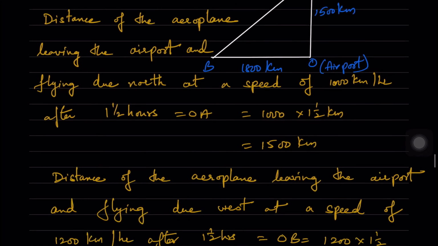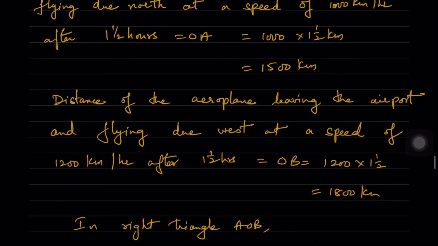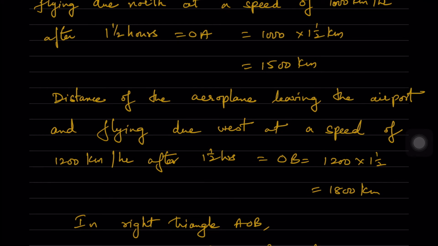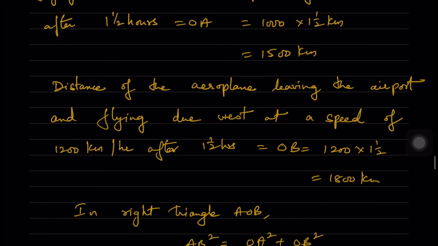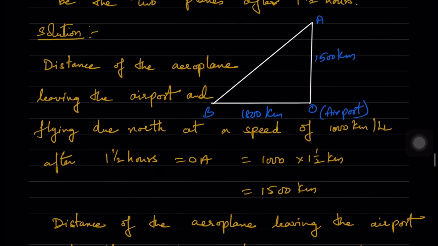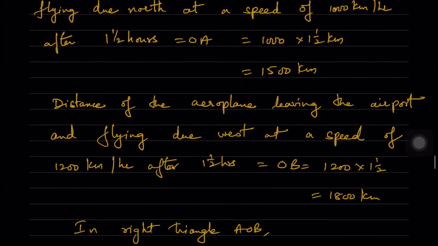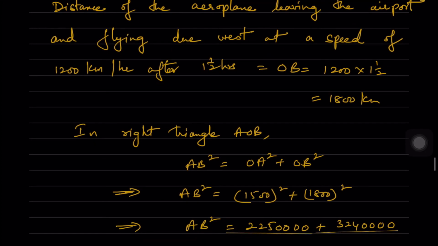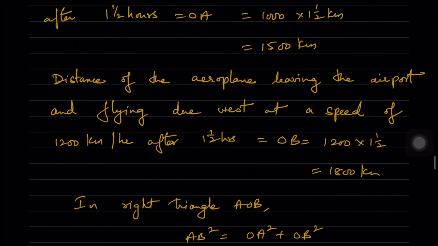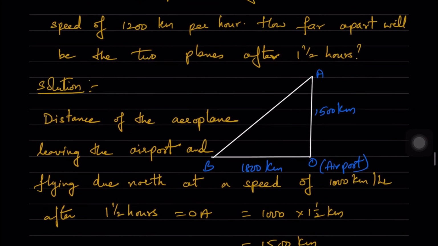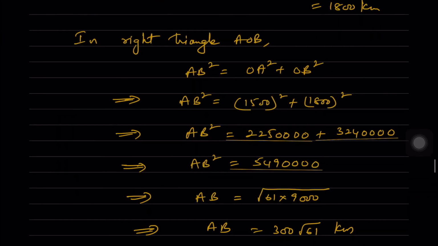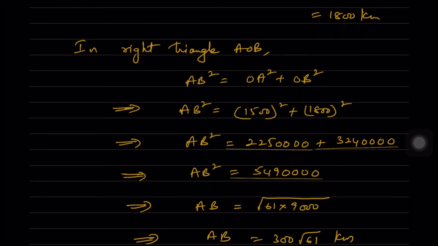So distance of the aeroplane leaving the airport and flying due west at a speed of 1200 kilometers after 1.5 hours is equal to OB, which is equal to 1200 into 1.5, which is equal to 1800 kilometers. So in right triangle AOB, we have to find out what is AB. So in order to find out AB, we use the Pythagoras theorem.